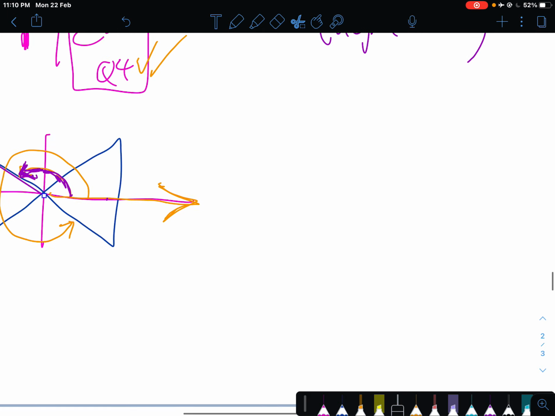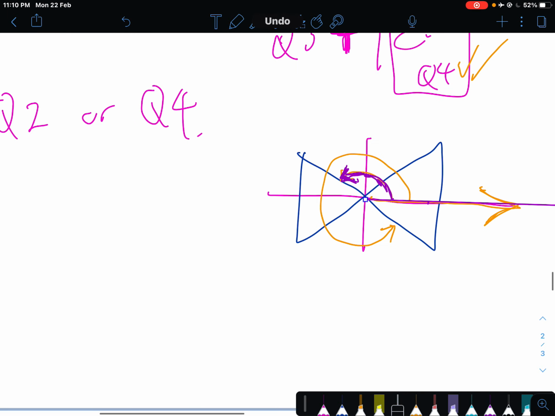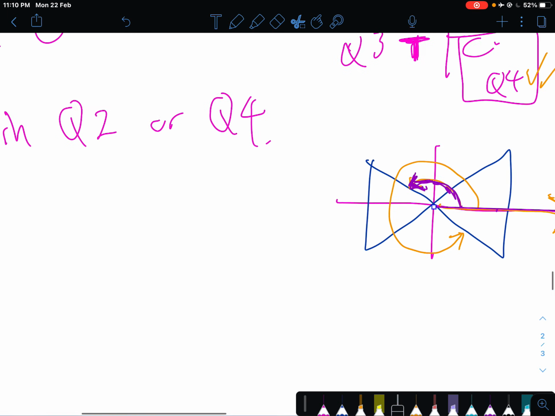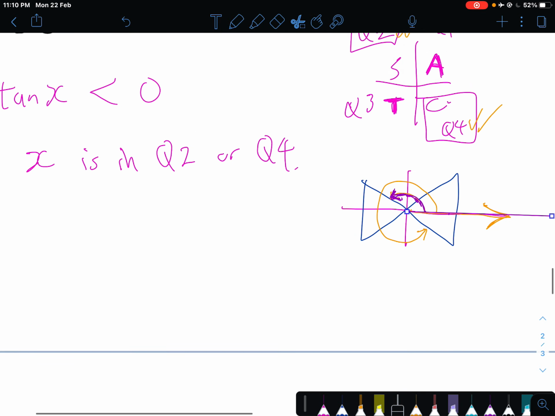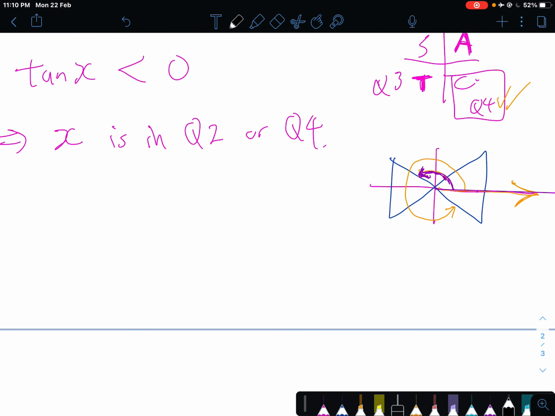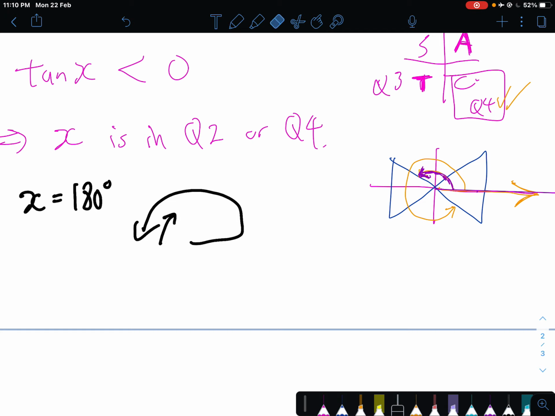So what does this all mean? It means if you can visualize from this ribbon only, the quadrant 2 angle will be very simple. It is just x equals 180 degrees. You rotate from here all the way to here, and then you go back a little bit.